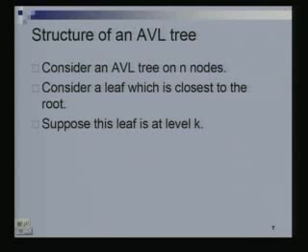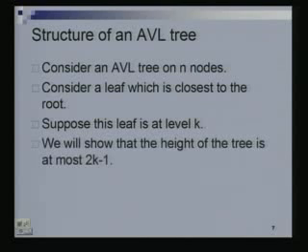Suppose this leaf is at level k. We can show that the height of the tree is at most 2k minus 1. Is this clear? No, this requires a proof. And let's do that.